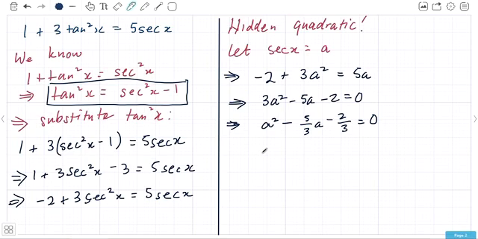So what we'd want to do with that is to try and factorise it. Okay, so we could complete the square. So we're going to have a squared minus 5 over 3a. Halve this would be 5 over 6. Square it would be 25 over 36. We add it. So we've got 25 over 36.